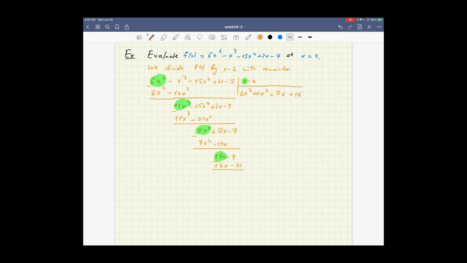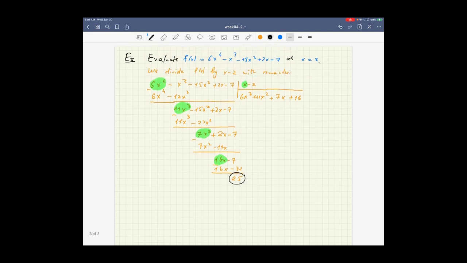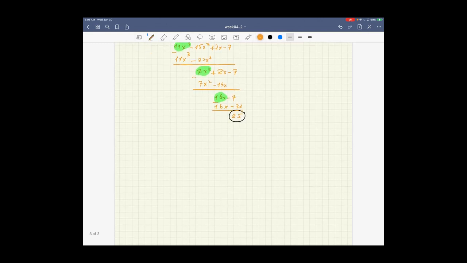And the difference is 25. The process now terminates because the degree of the remainder, being a constant polynomial, is 0, and it's less than the degree of the divisor. And this last remainder, 25, is exactly the value of our polynomial f at the point 2.